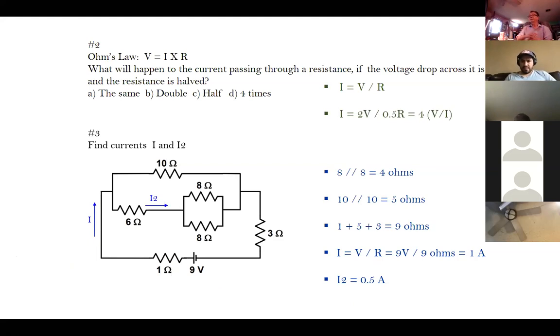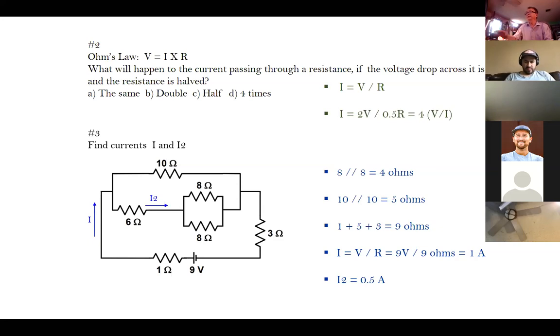If you have a question, just bring it up. I have a question. For this example, you're saying essentially to find the smallest circuit first, the resistors, then the next series, and then the total one.